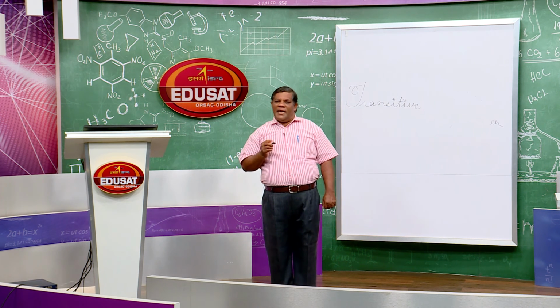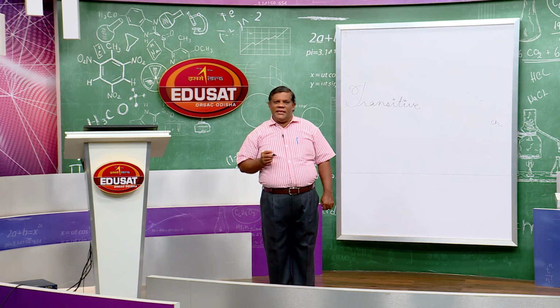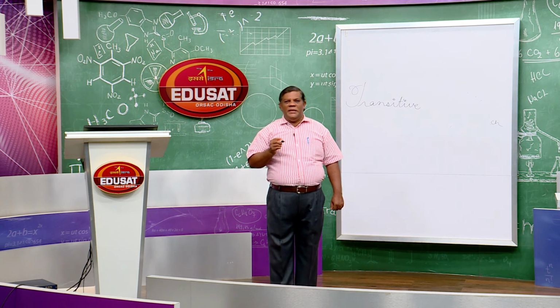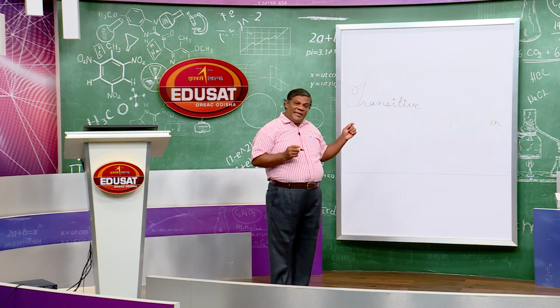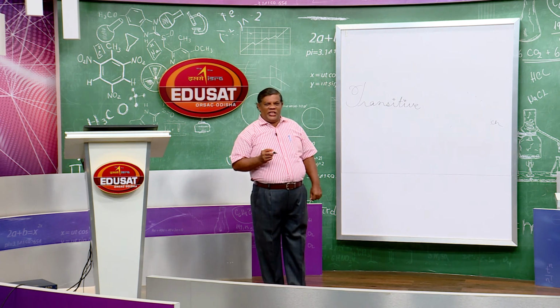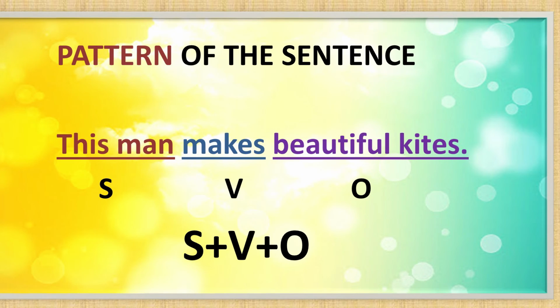Actually, we need a transitive verb for transforming an active sentence into its passive form. Therefore, we need a verb that carries an object. In the sentence 'This man makes kites', this man is the subject, makes is the verb, and kites is the object.